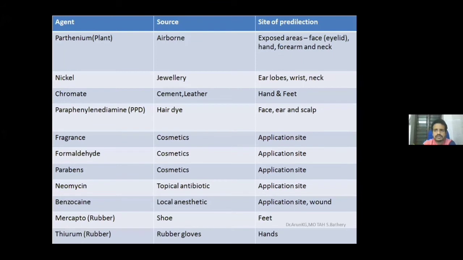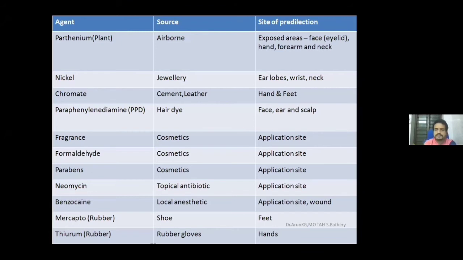Other sources of contact dermatitis are nickel in jewelry, then fragrance, formaldehyde, parabens in cosmetics, then mercapto in rubber and rubber gloves. All these things will cause contact dermatitis in those who are susceptible.